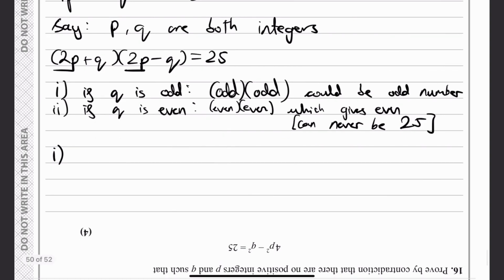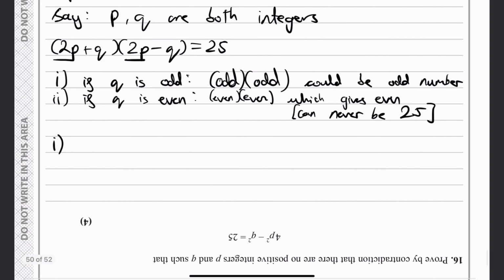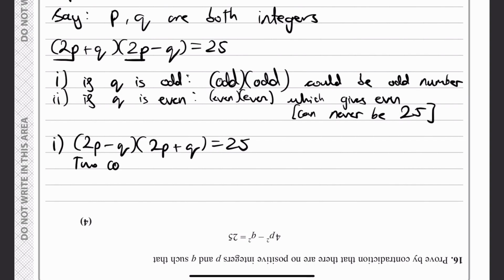So if q was odd, then 2p plus q. So it's basically saying 2p minus q and 2p plus q is equal to 25. So it's saying two consecutive odd integers multiply to 25.